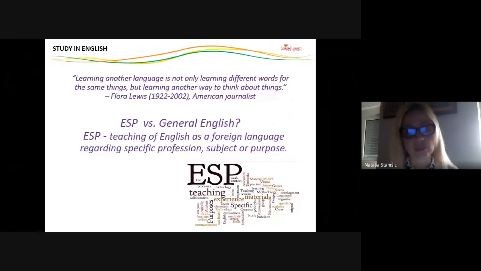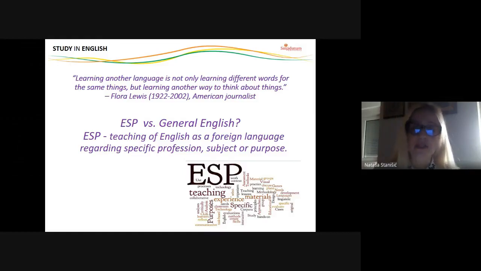Why I've chosen this saying is that it is widely applicable to today's topic, English for specific purposes. When we compare it to general English, the English language teenagers and young adults are usually exposed to, we could say that general English focuses more on day-to-day conversation, and it involves the use of everyday vocabulary and related grammar.